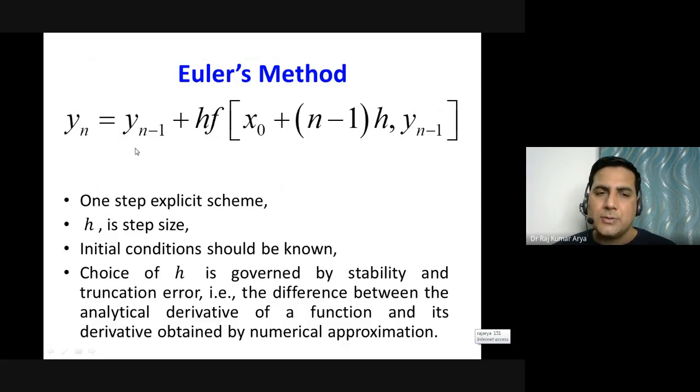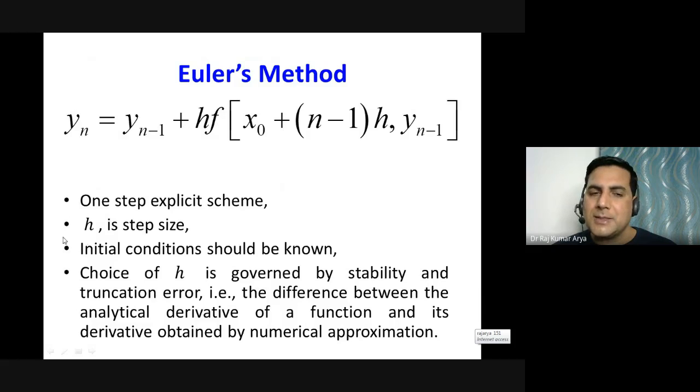Now on this side you have yn, on that side you don't have yn, so it's a completely explicit method. By taking your initial values, it starts calculating and does not stop. So this is a self-starter type of method: if you know the initial values, you can proceed.